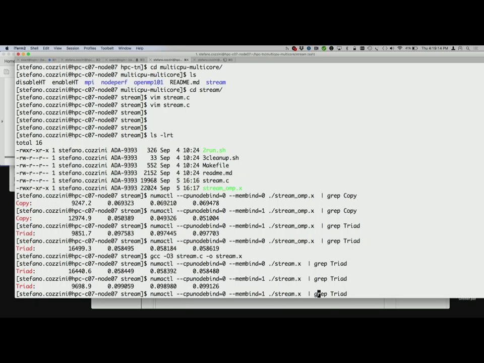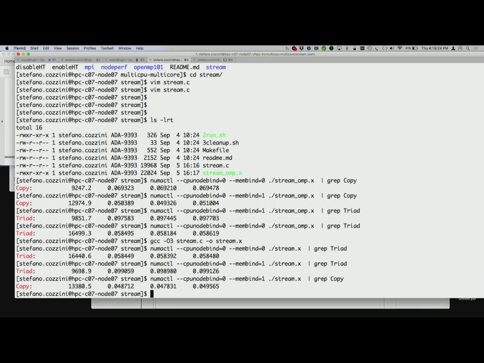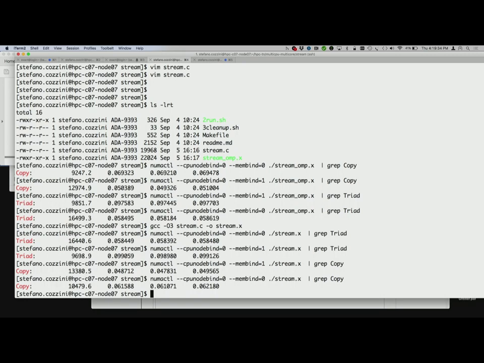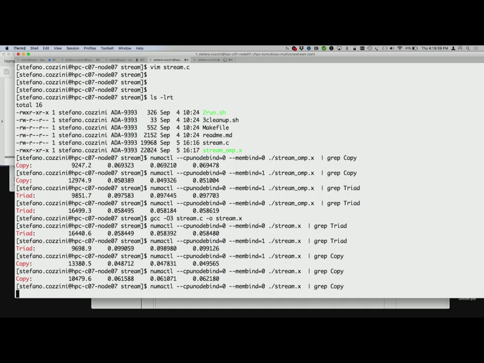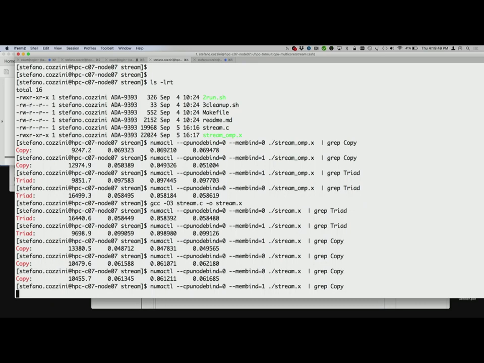This is correct. Copy. Wrong way. Right way. Still the other way around. So it's not the size. What else can it be?